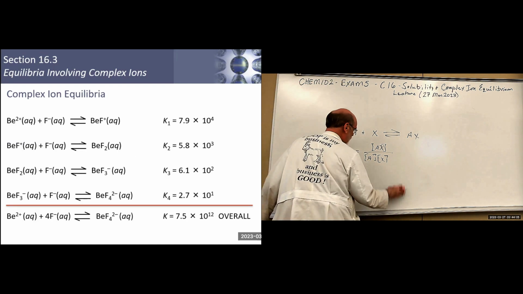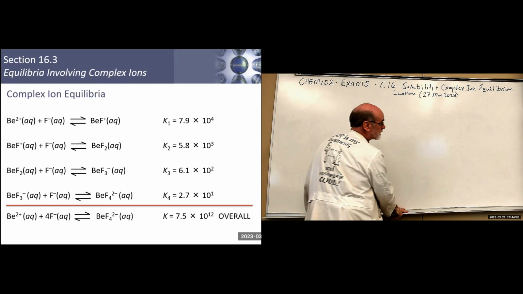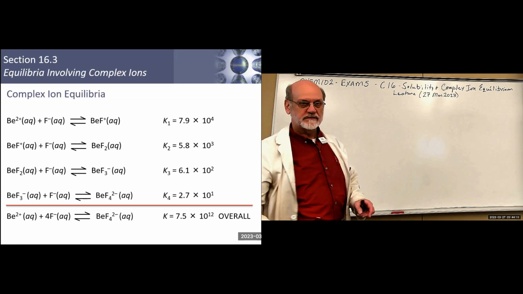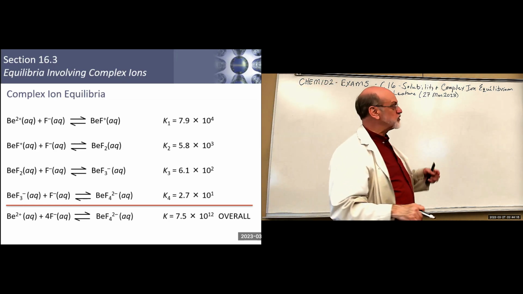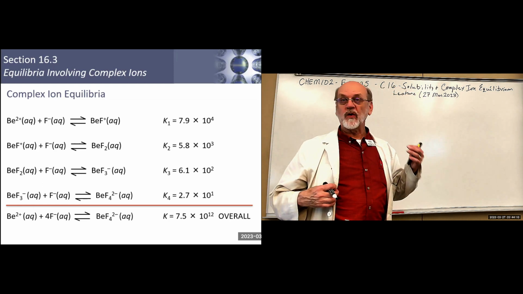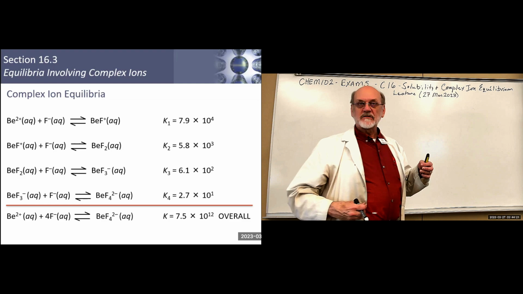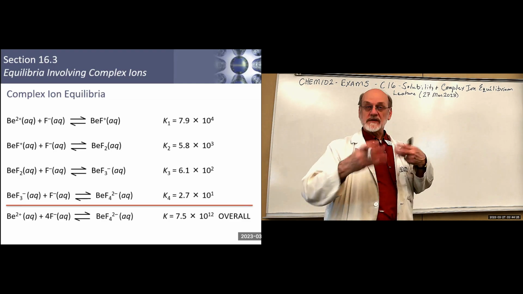In this example, the complex ion that we're forming is with the beryllium 2+. Beryllium, it's an alkaline earth. Beryllium 2+ ion. We're complexing with fluoride ion. And we've been able to determine that the stepwise, right?